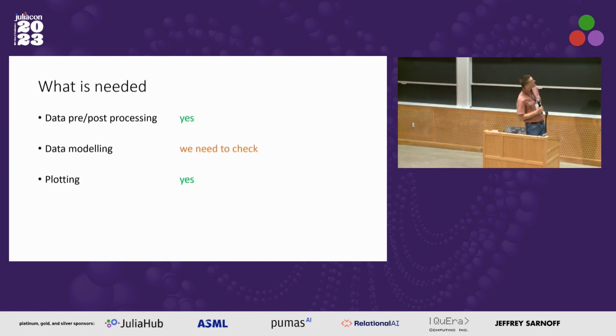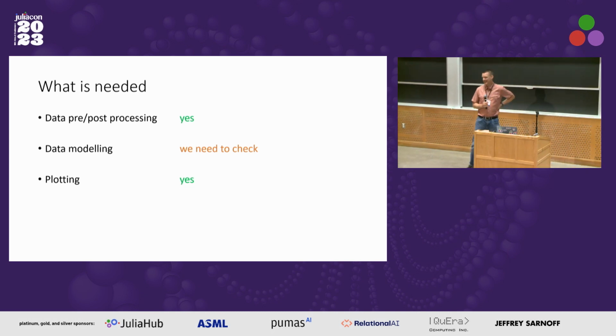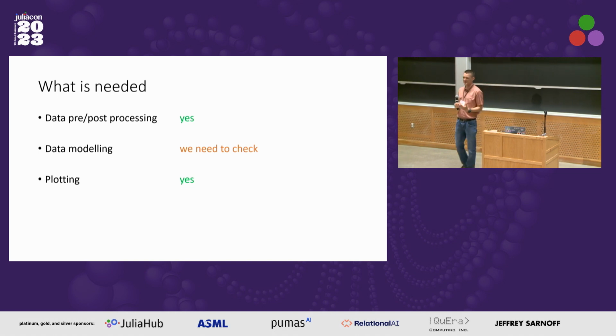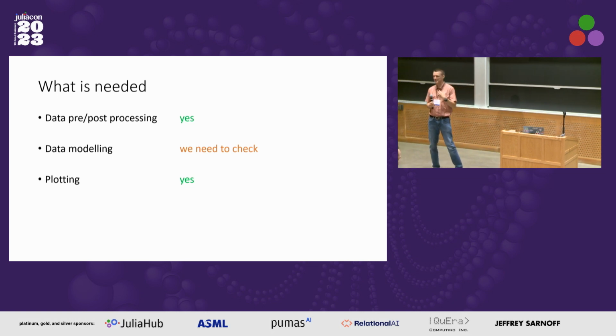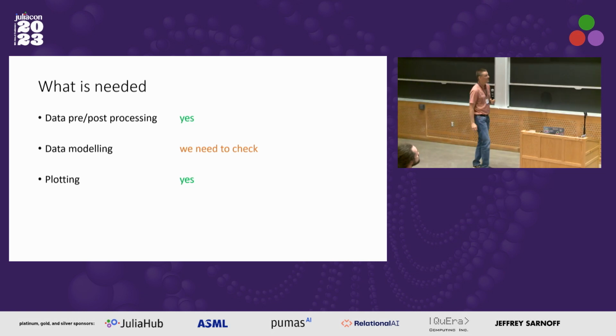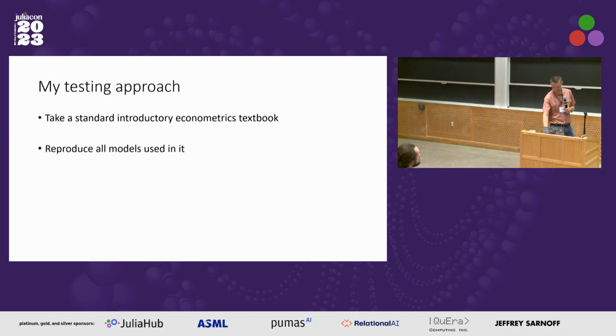But for data modeling, I said, we really need to check. I feel that yes, but maybe there are some obstacles that would stop people from starting to use Julia in those introductory econometrics courses.